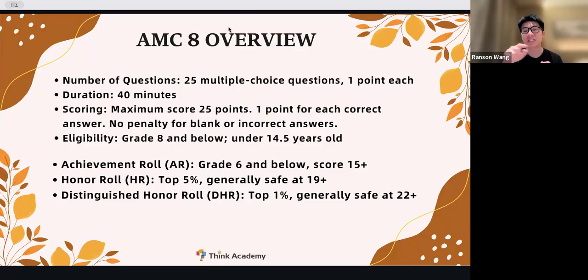Usually it's between 17 and 19. The highest we have observed so far is 19, so if you get 19 or above, you are generally safe for honor roll.